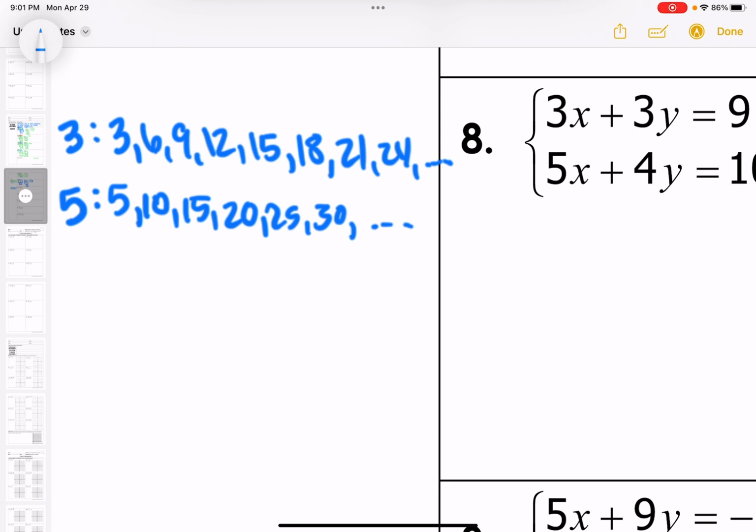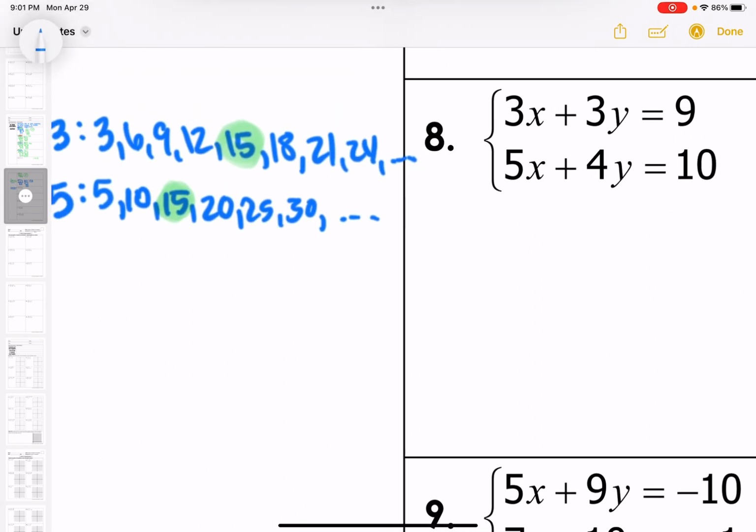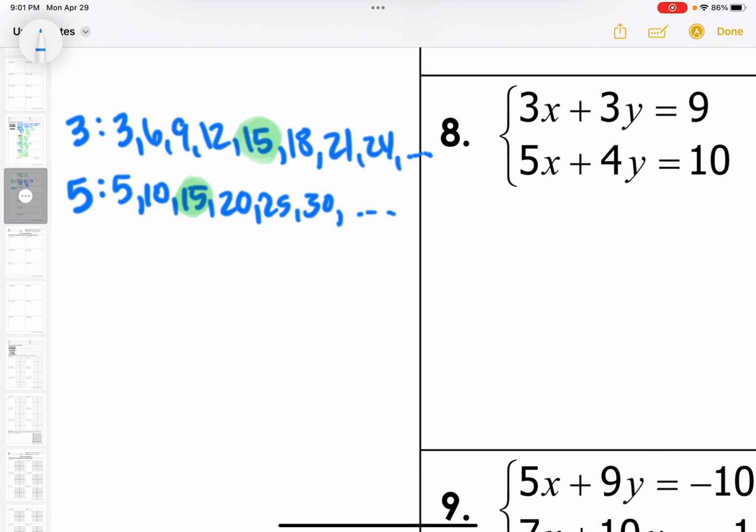So looking at my two lists, the smallest number that they have in common is 15. So I'm going to multiply my top equation by 5 because 3 times 5 gives me 15. And I'm going to multiply my bottom equation by 3 because 3 times 5 gives me 15.